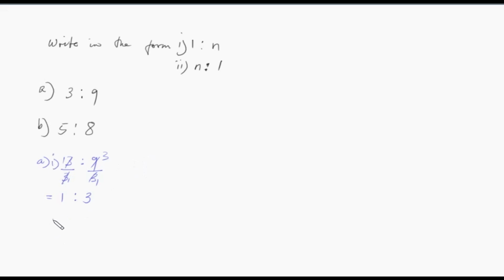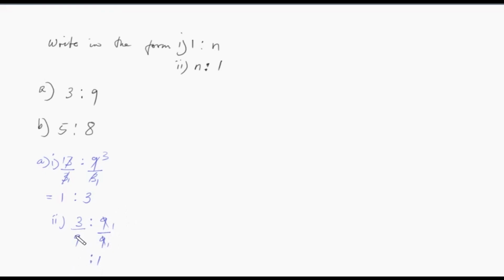Now, that would be a Roman figure 1. So let's look at a Roman figure 2. You still have 3 is to 9. Okay? But this time you must write it as n is to 1. 1 should be the denominator. Now, on this side, you must make 1. To make it 1, you divide by 9. Then you divide by 9 on this side to balance. Okay? So this goes once. 1 over 1 is 1.